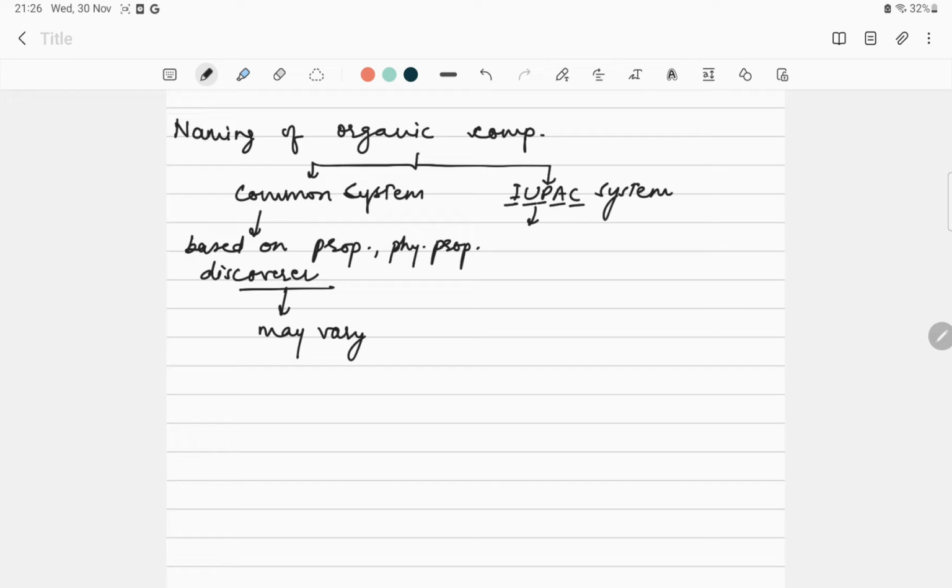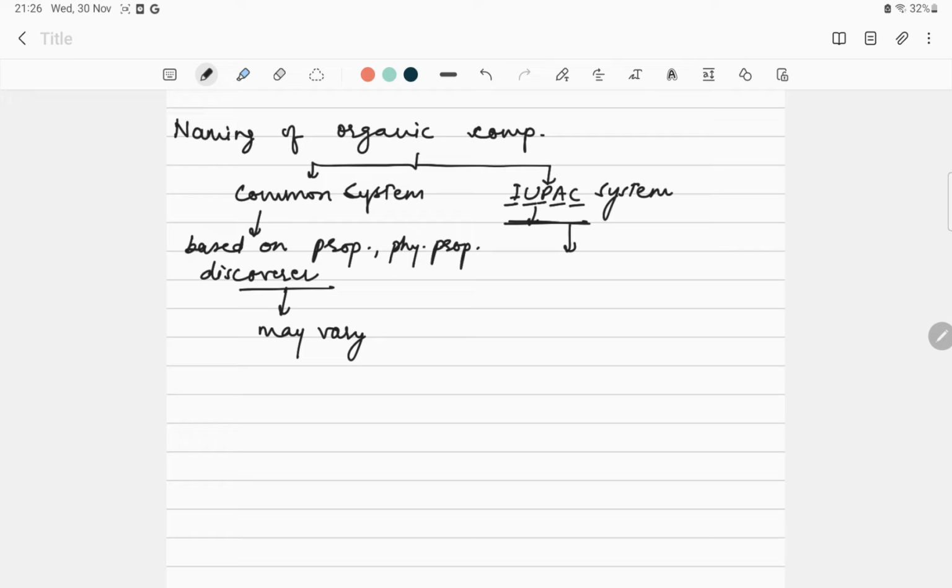That is why, just to have a universal name for a compound, we follow the IUPAC system. IUPAC naming is done on the basis of certain rules. There are certain rules and regulations following which we do the IUPAC naming.